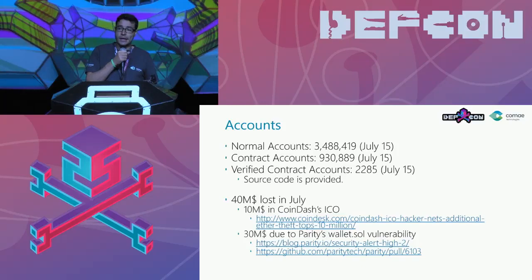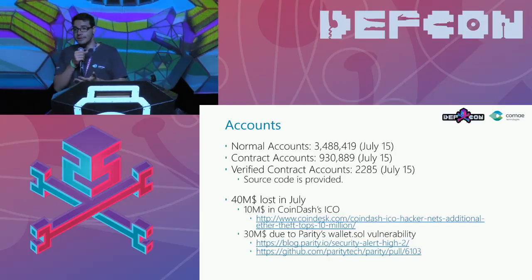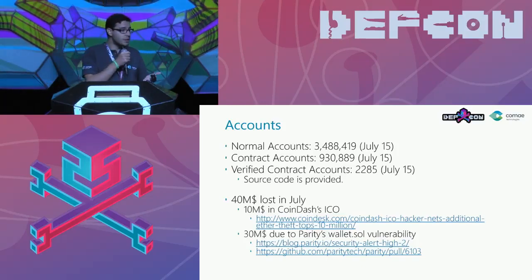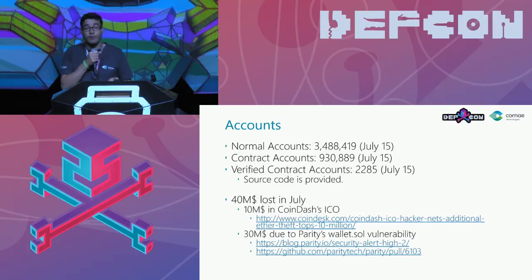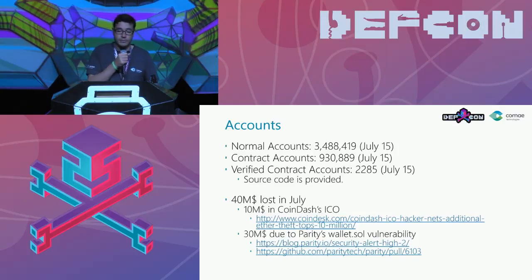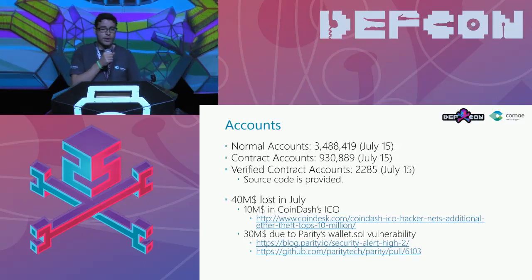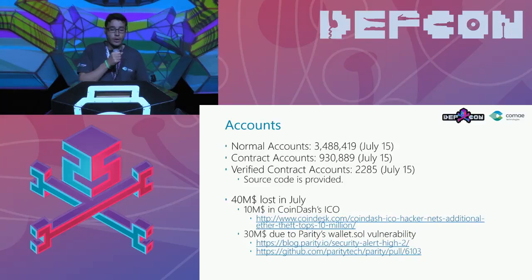Especially since Ethereum introduced the concept of ICO to leverage use cases for smart contracts, we have heard a lot of stories since the beginning of the month. I think three different stories happened this month, including one with CoinDash, which is the first one.